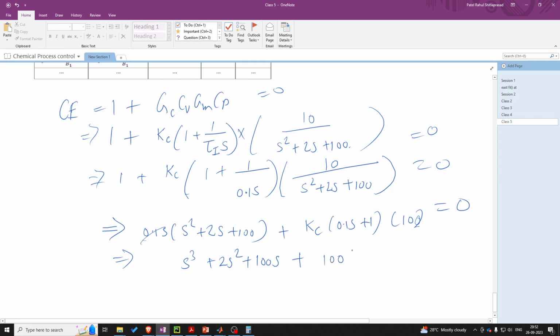Kc into 0.1 into S. So that is basically 10 Kc s plus 100 times Kc equal to 0. So this is our characteristic equation.